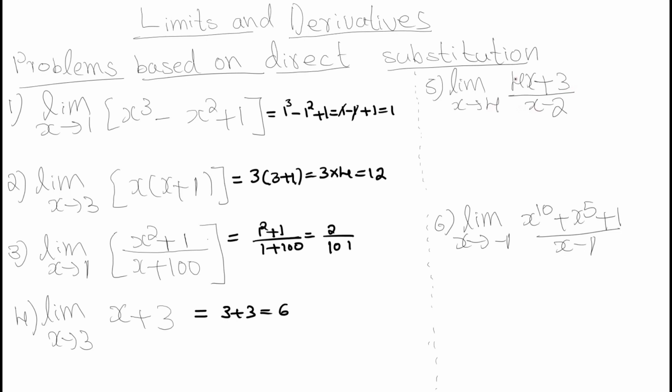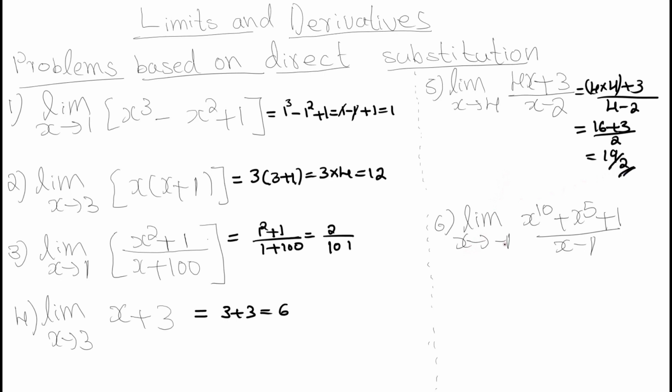Take x equal to 4 here, so 4 into 4 plus 3 divided by 4 minus 2. 4 fours are 16, plus 3, divided by 2, so that value will be equal to 19 divided by 2.